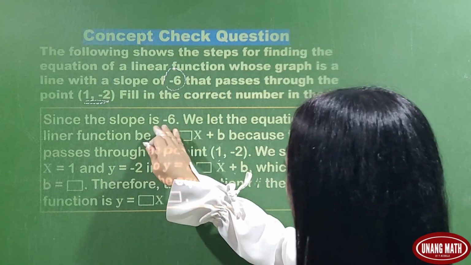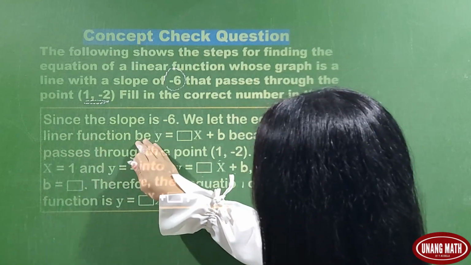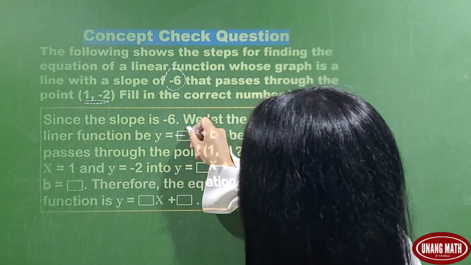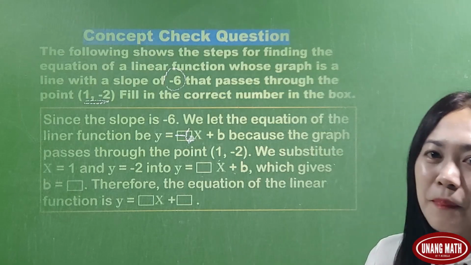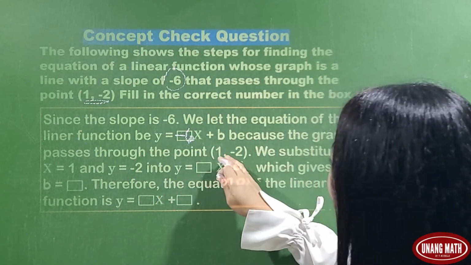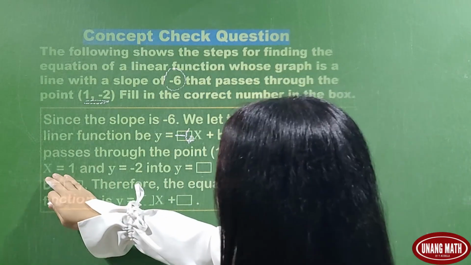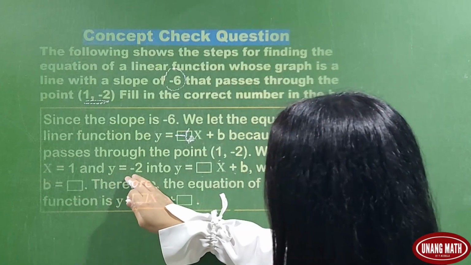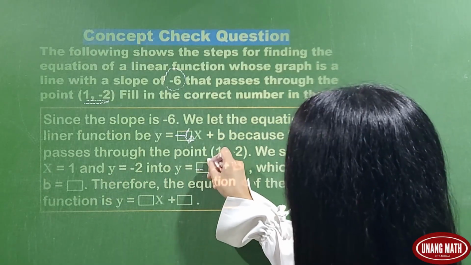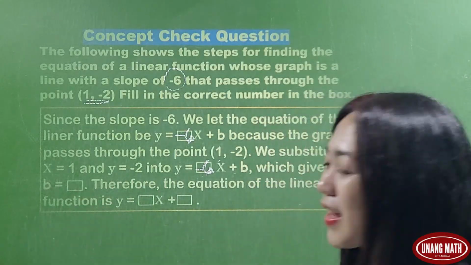Since the slope is negative 6, we let the equation of the linear function be y is equal to negative 6x plus b, because the graph passes through the point (1, negative 2). We substitute x is equal to 1 and y is equal to negative 2 into y is equal to negative 6x plus b, which gives b is equal to blank.